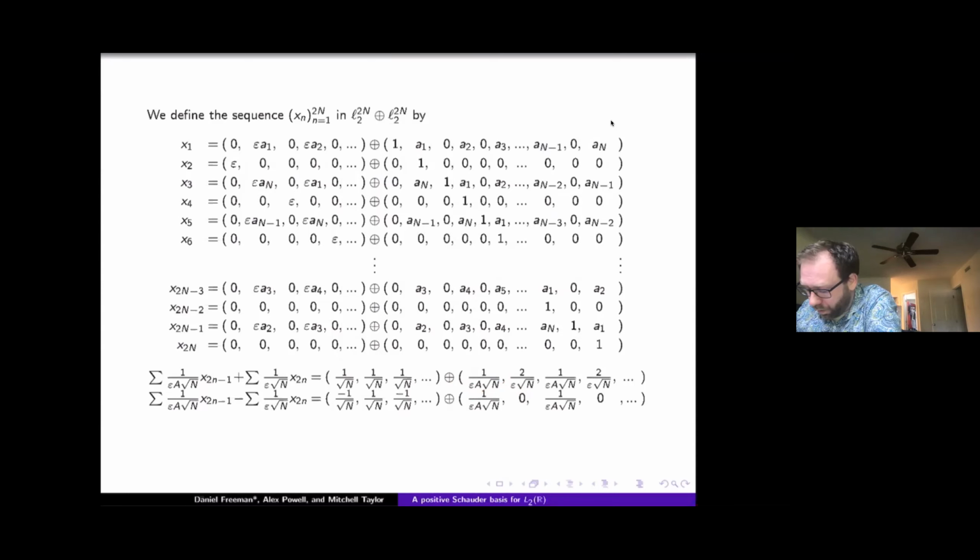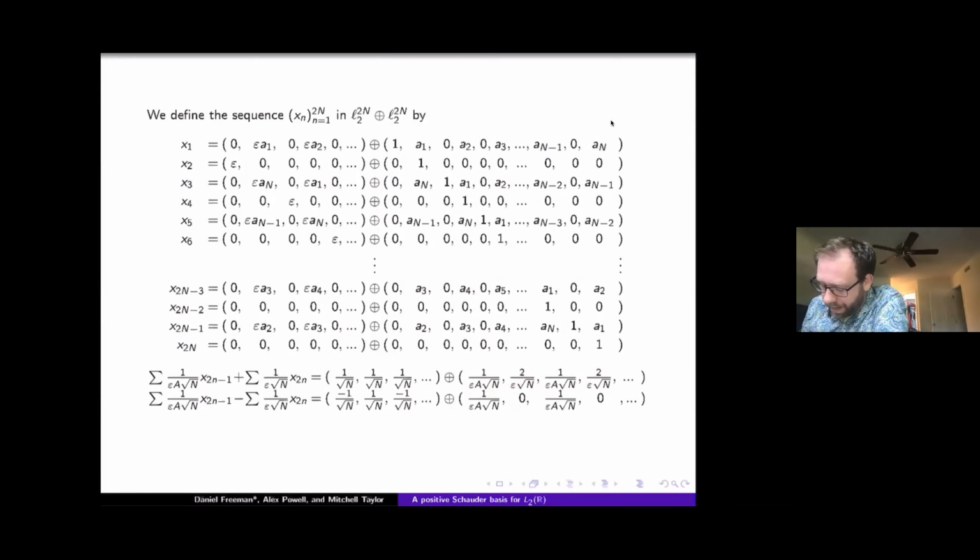And so what happens is, on the right, I have this 1 over epsilon in these coordinates, and epsilon is extremely tiny. And so this norm on the right is going to be huge.